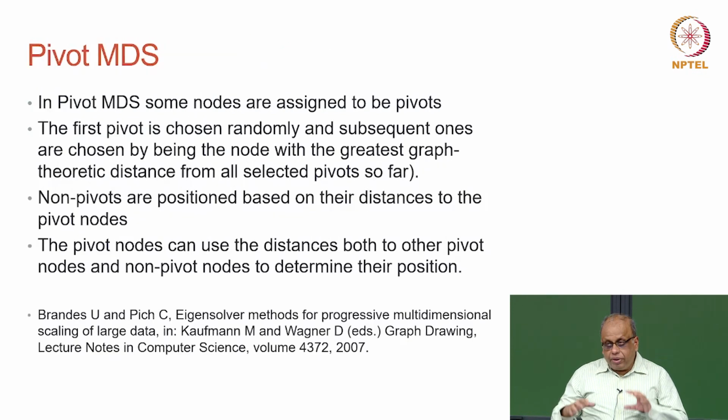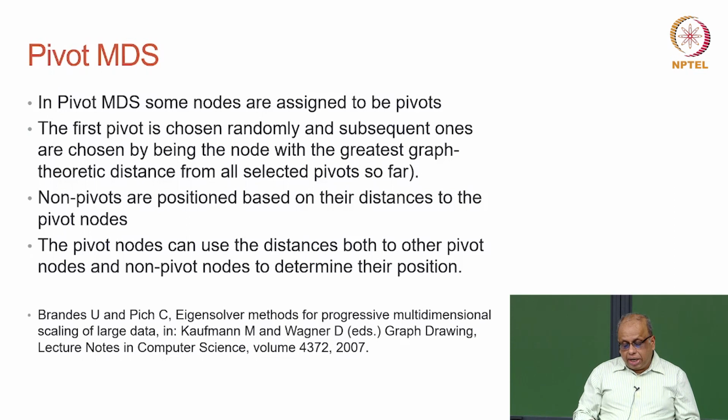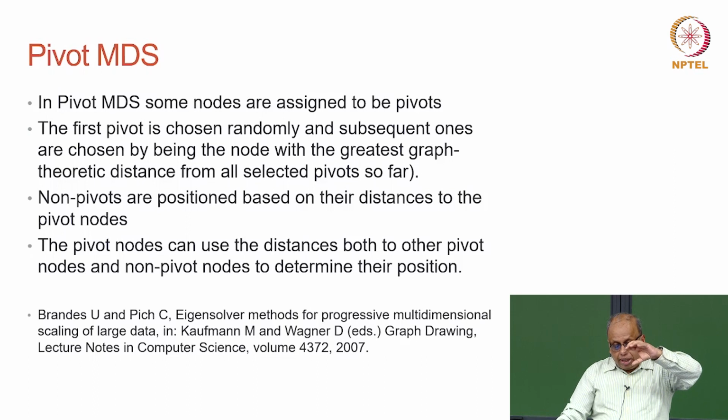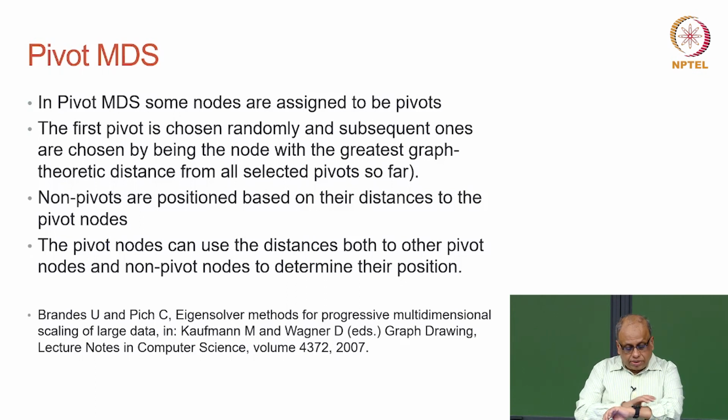Here you have some nodes as pivots like the previous case, and then you do multidimensional scaling and come to a lower dimension, keeping the graph theoretic distances the same. The pivot nodes are high dimension nodes, which you then expand to get all the nodes in the graph. So these dimension reduction techniques are a newer kind of technique that has been found to be pretty useful.